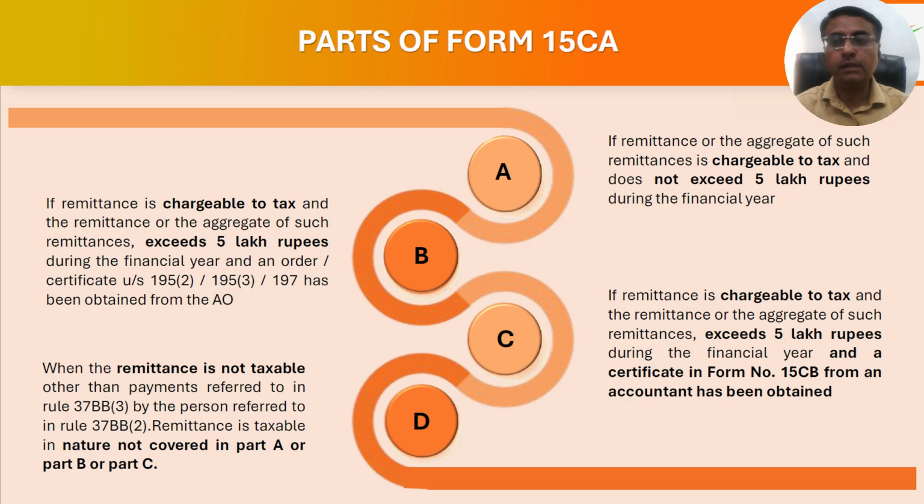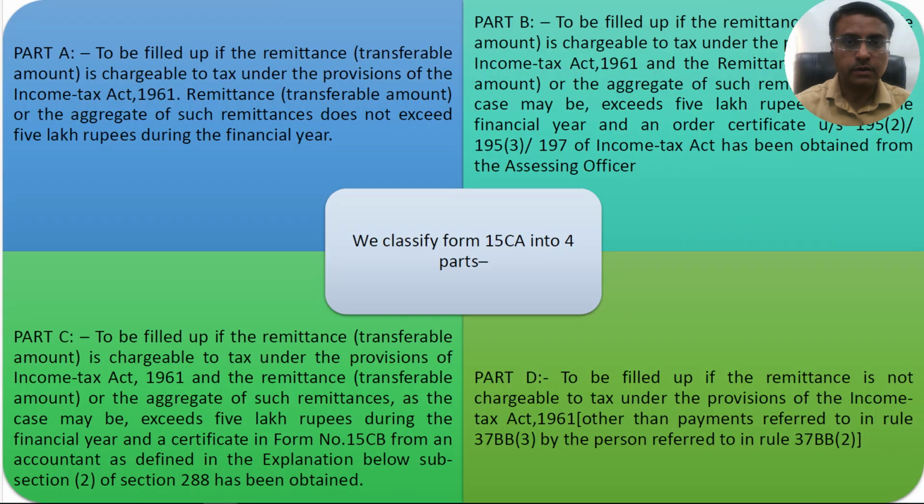Part D is applicable when the remittance is not taxable, other than payment referred to in Rule 37BB, right? Or the remittance is taxable in a nature not covered in Part A, B, C, right? Then Part D applies. We will go into detail when we discuss the AI chatbot also.